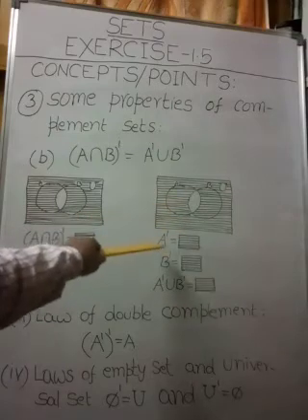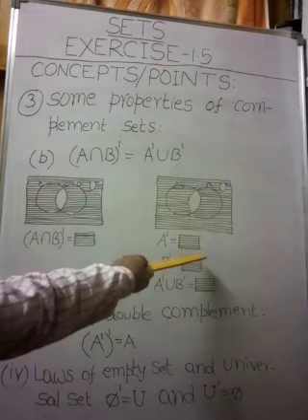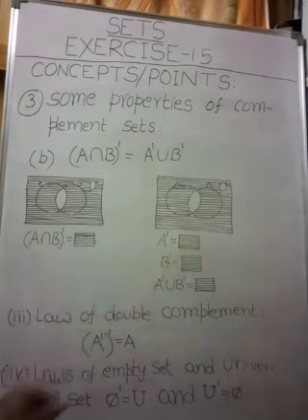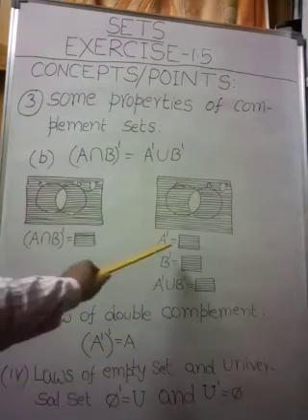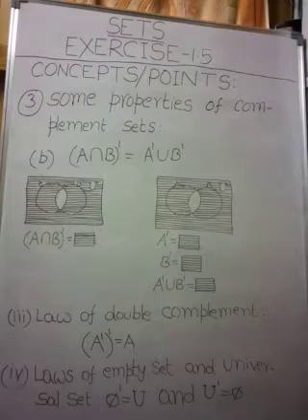Now come to this Venn diagram. In this Venn diagram, A complement is shaded by these horizontal lines, and B complement is also shaded by these horizontal lines, because we are finding the union of these two sets. So we have to use the same kind of lines in both sets.